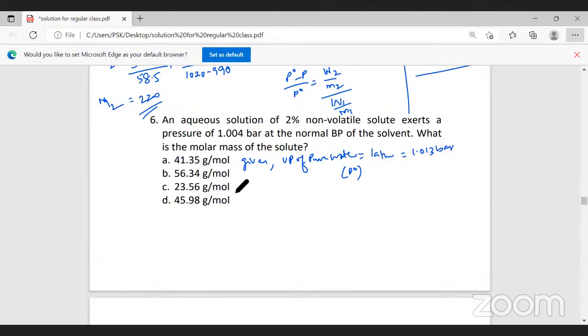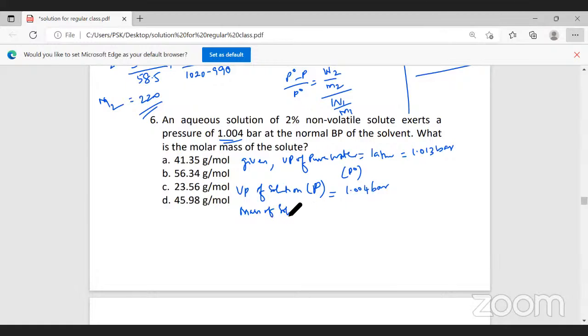Now, the vapor pressure of the solution, PS or only P, they've given to be 1.004 bar.